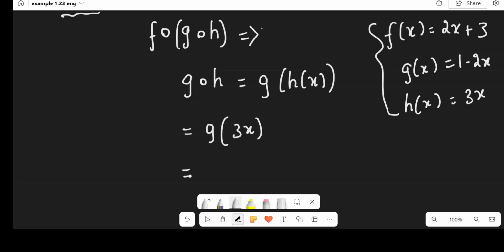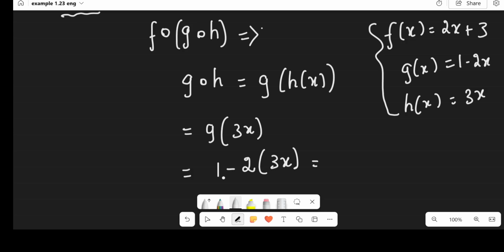So 3x. Now I have to apply 3x in place of x in this g of x formula. In this formula, what is g of x? 1 minus 2x. I'm applying the x value. Here what is x? 3x, right?